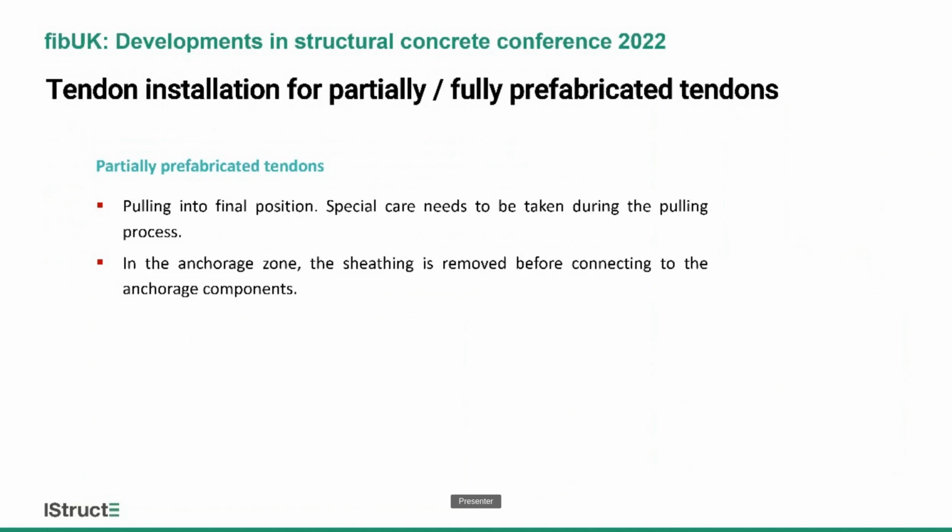Coming to prefabricated tendons, starting with the partially prefabricated ones, where the tendon is pulled as a prefabricated product into the final position. After that, the anchorage is prepared, so typically the sheathing has to be removed in the transition zone with the right length, so that no bare strands remain in an area that is not corrosion protected.